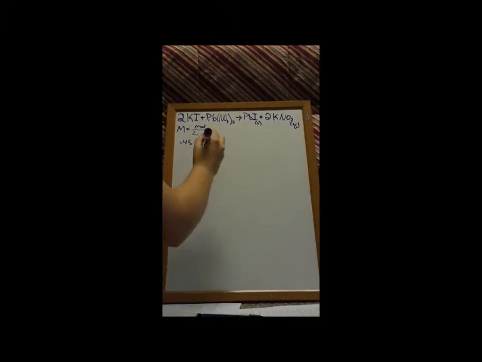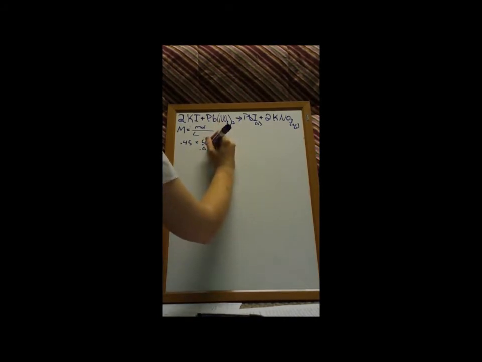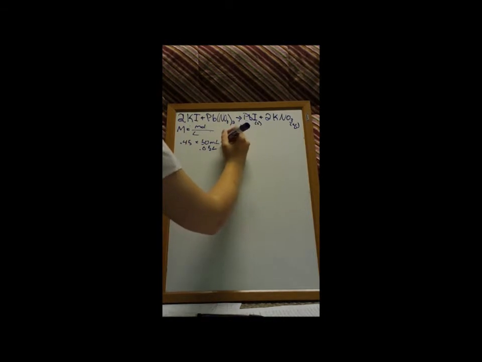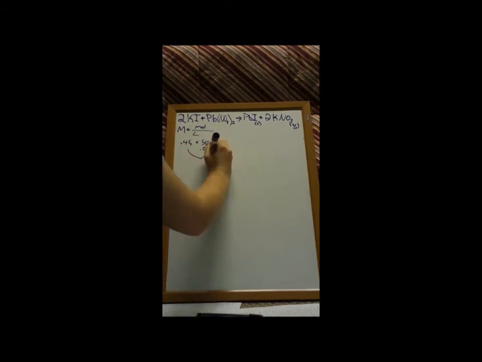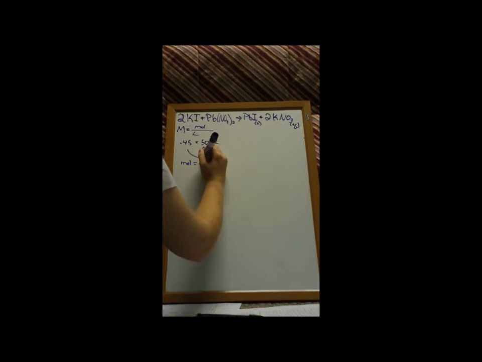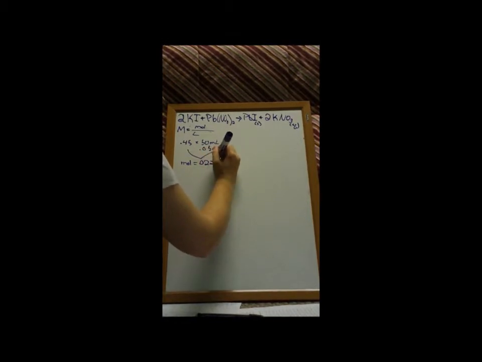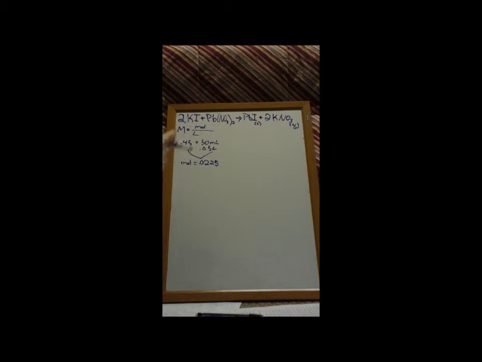We need to know that 50 milliliters is the same thing as 0.05 liters. So when we multiply these two together, we get our moles to be equal to 0.0225.